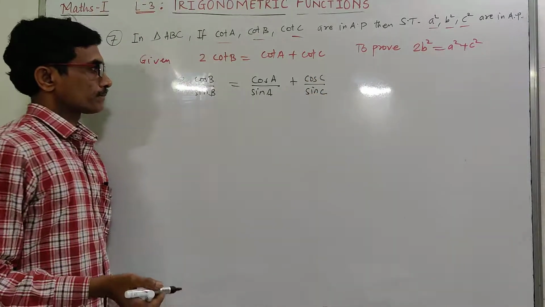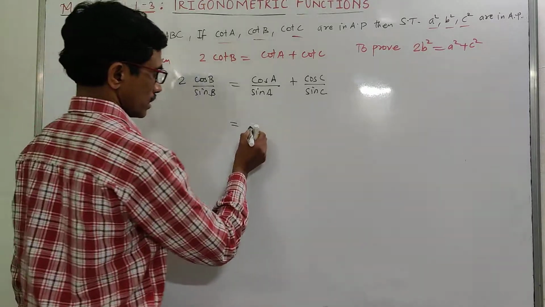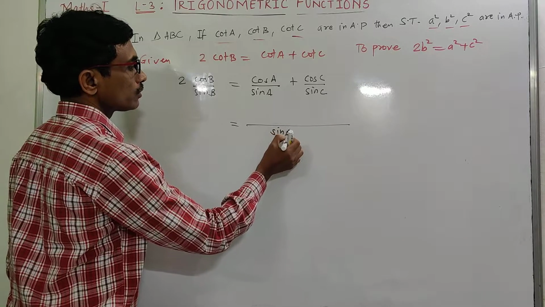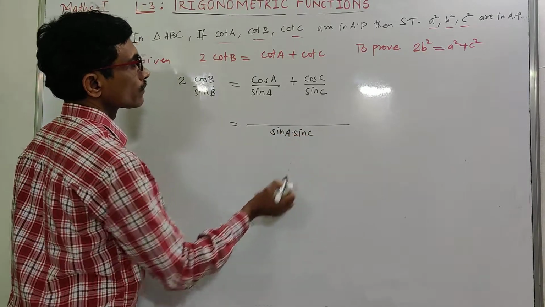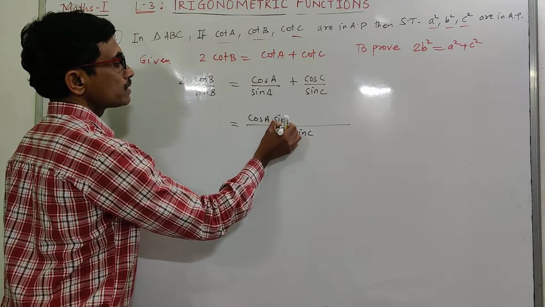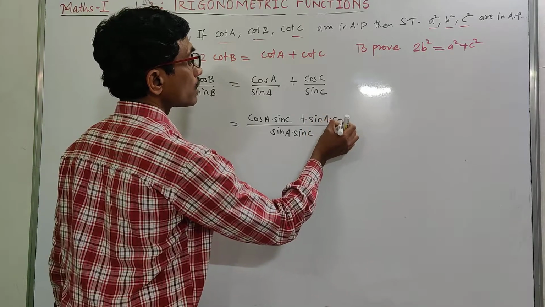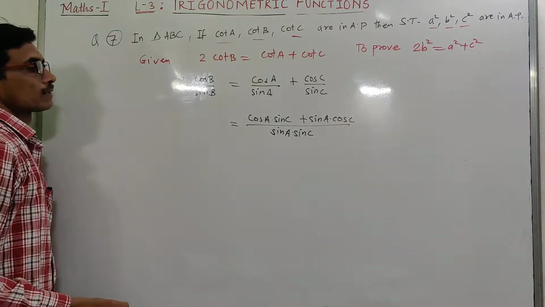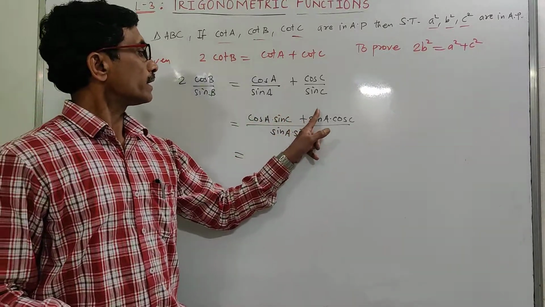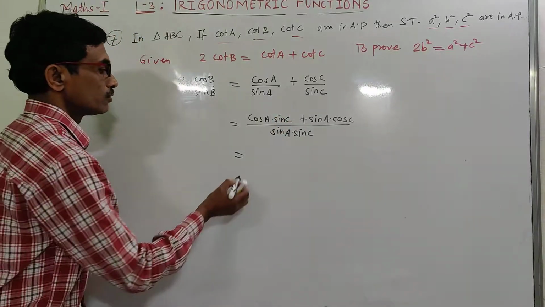Simplify the right hand side, which is LCM is equal to sin A into sin C, cos A into sin C plus sin A into cos C, which is, see the right hand side, sin A cos C plus cos A sin C, that is equal to sin of A plus C, numerator.